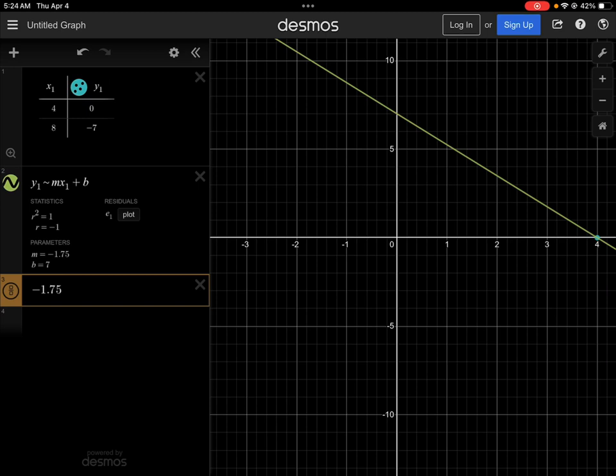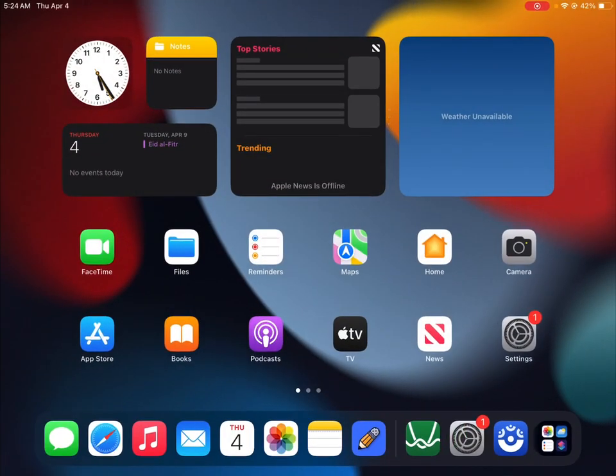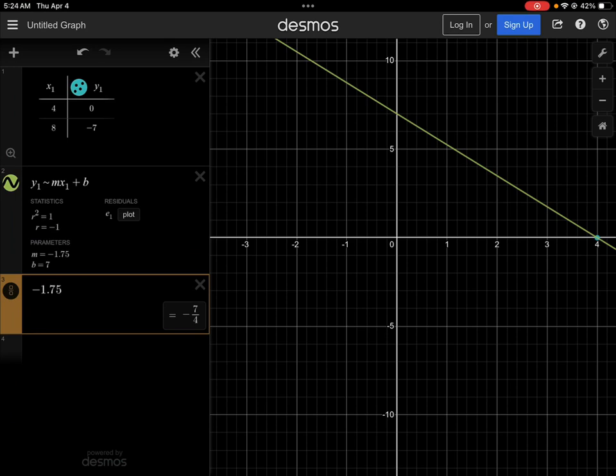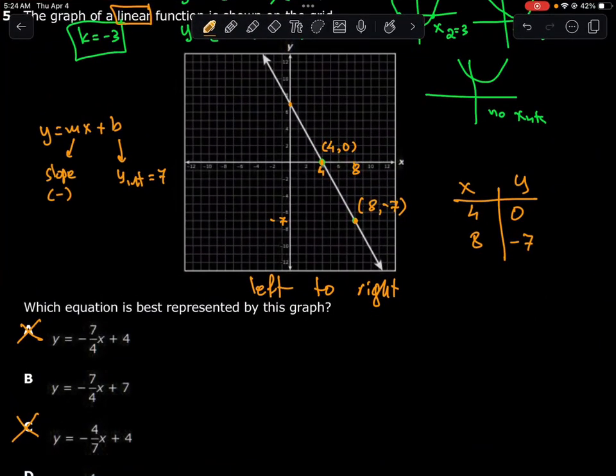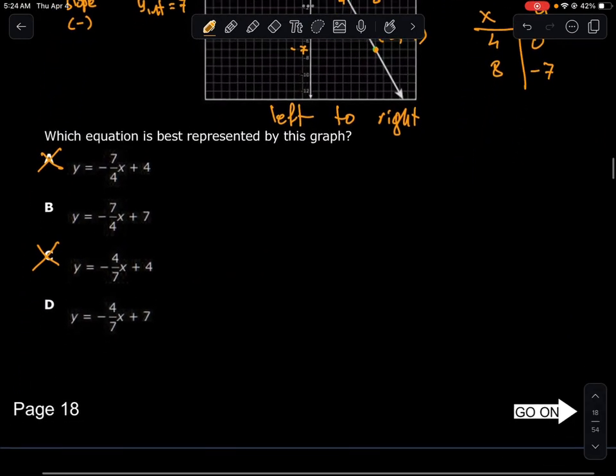Let's convert it to a fraction. And it's negative 7/4. Okay. Let's go back. So the equation will have m equals negative 1.75 and b would be equal to 7. Remember that b is the y-intercept, the same as the 7 that we expected, so that's a good sign because we expected that it crosses 7.